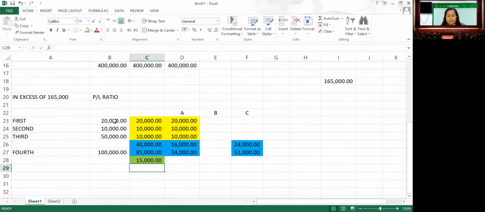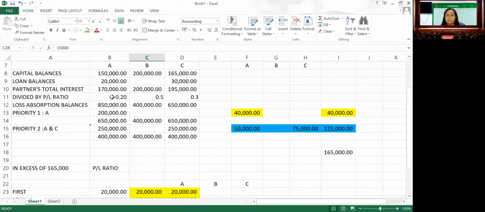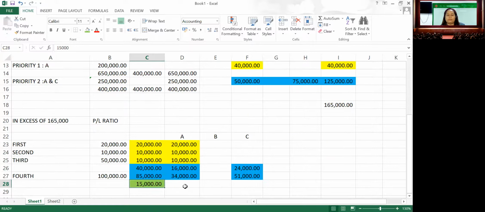Ano, bakit? Pag pinagsama-sama natin yung naging available na pera, 180 yung naging available na pera. So sabi, in excess of 165, and in excess of 165 is 15,000. You distribute it according to their P&L ratio. And what is their P&L ratio? 20, 50, and 30% respectively.